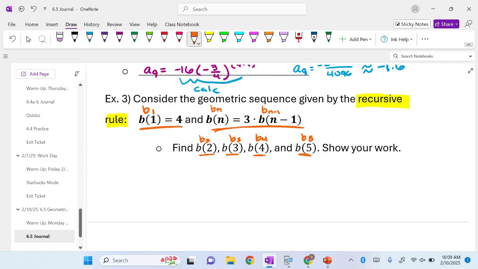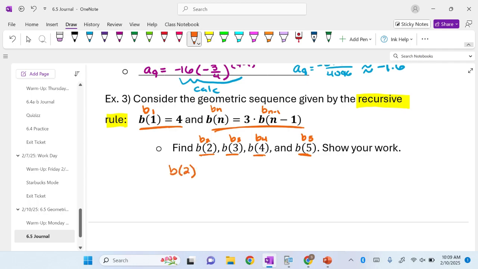What's the only way you can use the recursive formula? You need the previous term. Well, what's the only term that we know for sure? We have B1, which is equal to 4. So we have to find B2 because the previous term of B2 is B1.